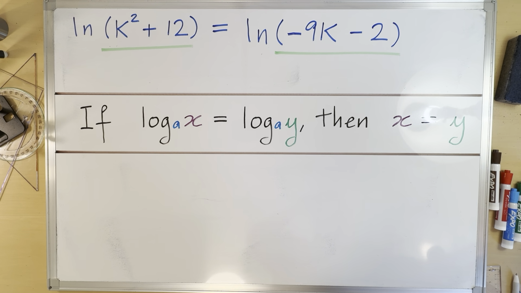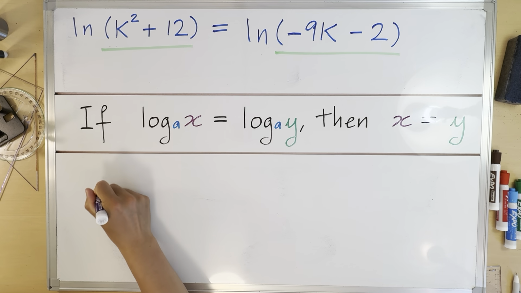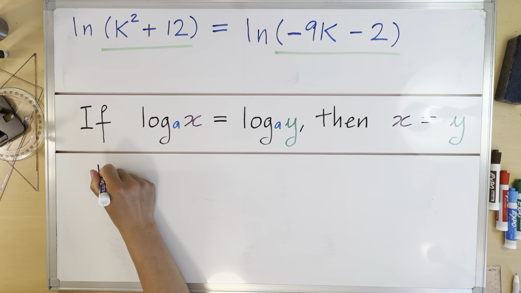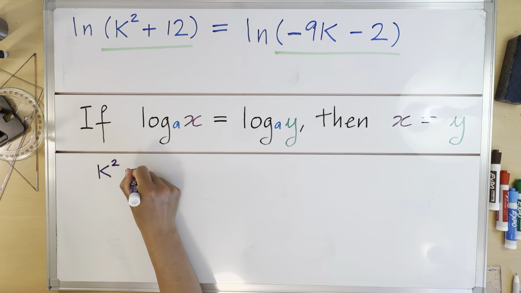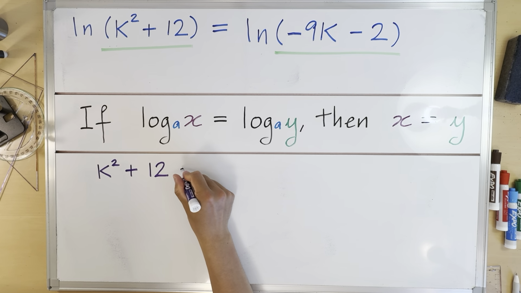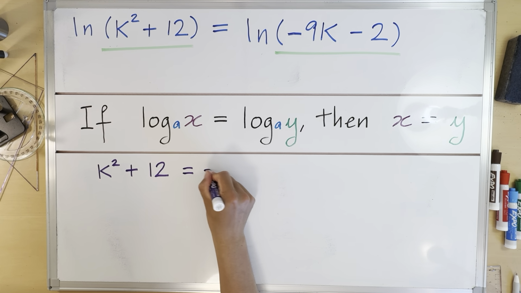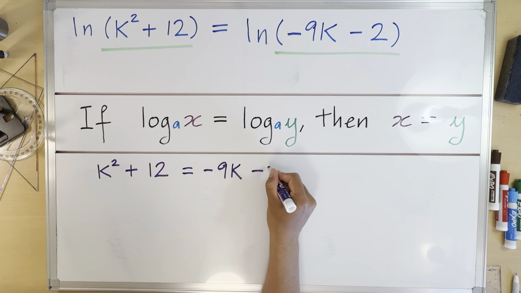So therefore, this means that k squared plus 12 is equal to negative 9k minus 2.